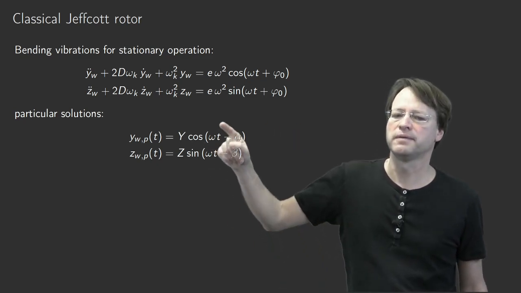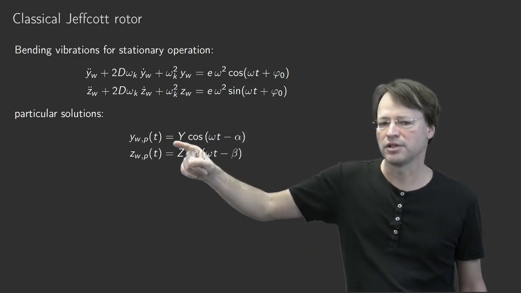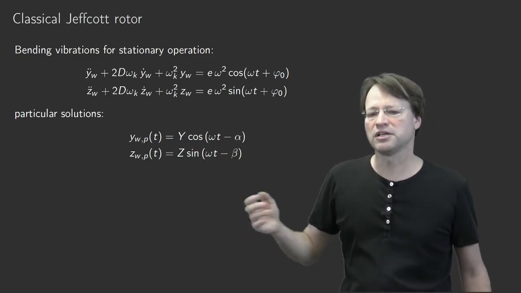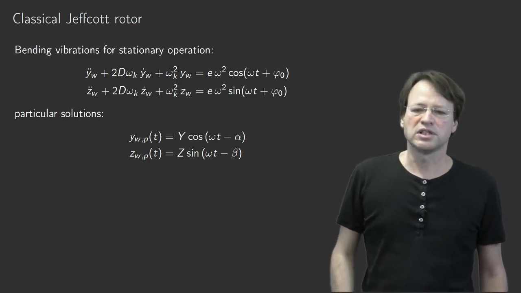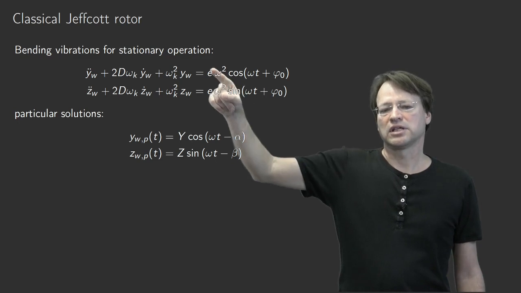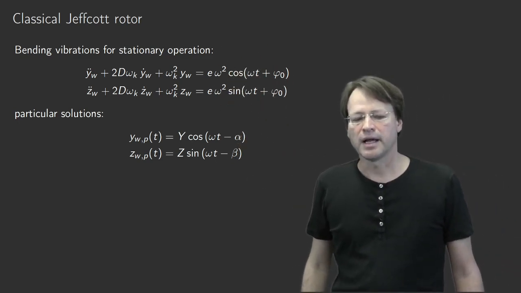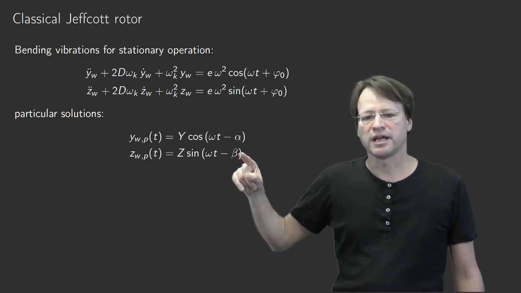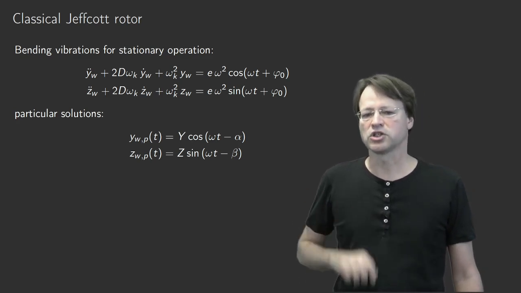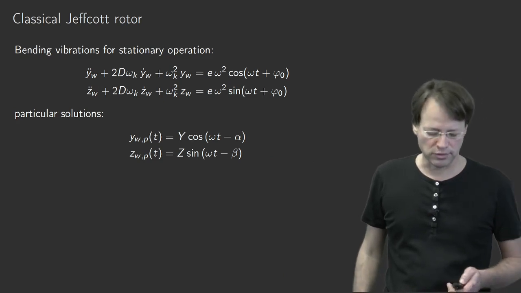Because then formally these two equations look the same. So you can see there are amplitudes y and z, but these amplitudes will be the same. These are the classical magnification factors that you have seen for that single degree of freedom oscillator that is excited by a rotating imbalance or by a mass force. And for that angle alpha and beta, they are also the same, and they are the classical phase shift, and this is now the letter epsilon I mentioned before.